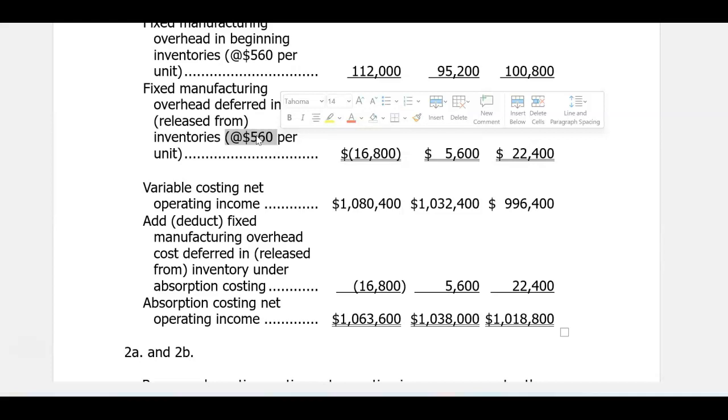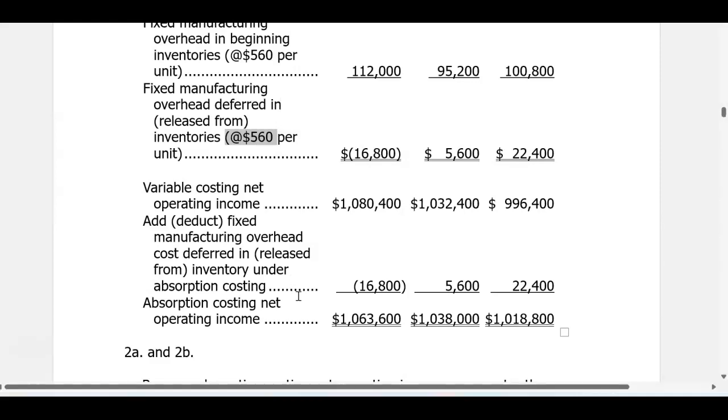And the reason your variable costing will have more net income is because for the items that you sold under variable costing, the fixed expense has already been expensed the year before, and variable costing per unit is much less, and you sold it for a certain dollar amount, so you make more net income.